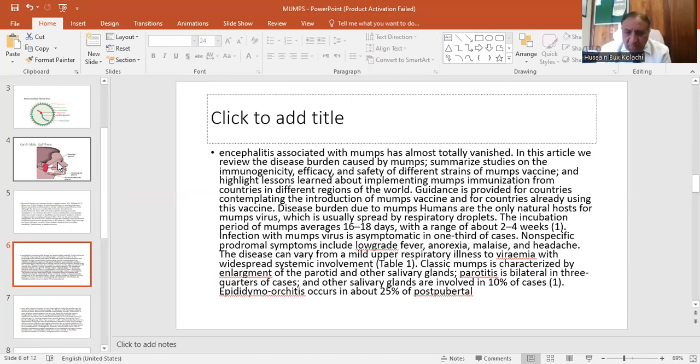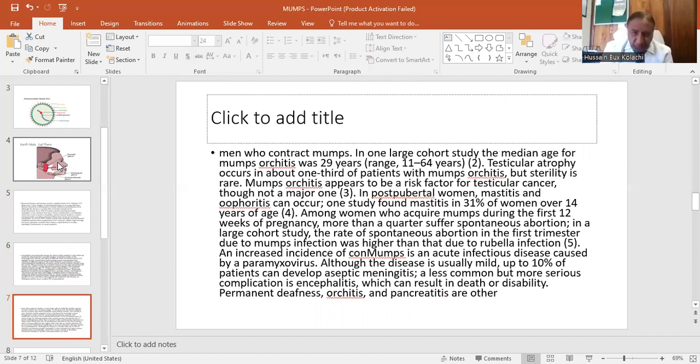In 10% of cases, and arthritis occurs in about 25% of post-pubertal age, particularly in females.